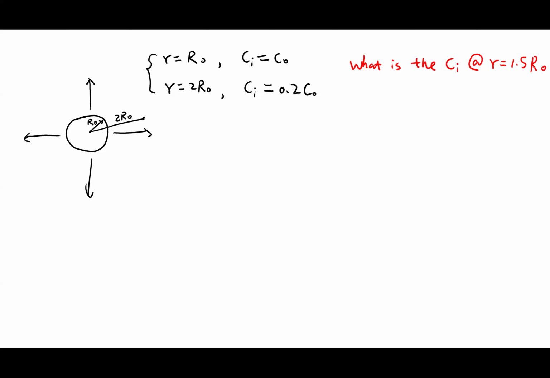So you can see here, this problem is asking us for the Ci concentration as a function of position, right? You give a position and then you know the Ci concentration. So basically it is asking us to find Ci as a function of position.